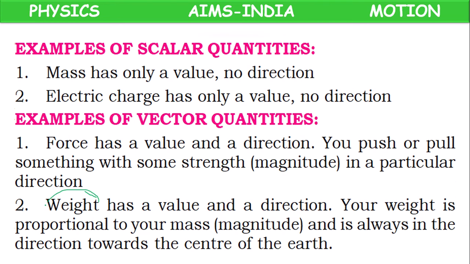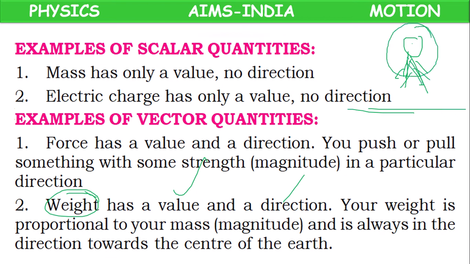Or weight. Weight also has both value and direction, because any object on the earth has weight. Our body has weight because of the earth's gravity, because of the earth's attraction force, which acts on our body in the downward direction.